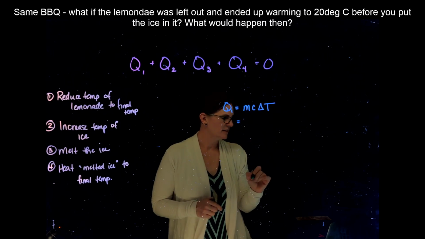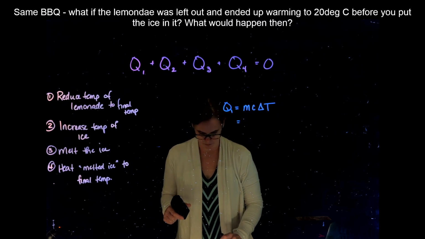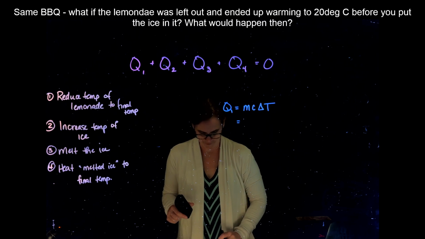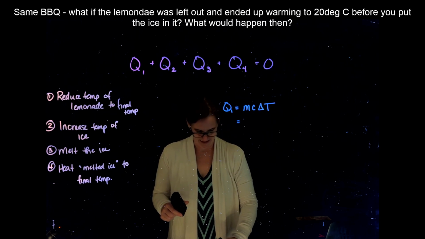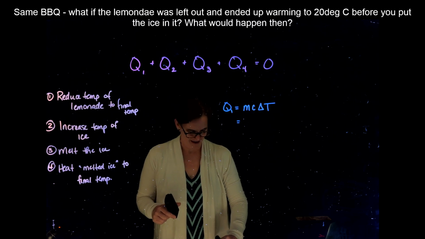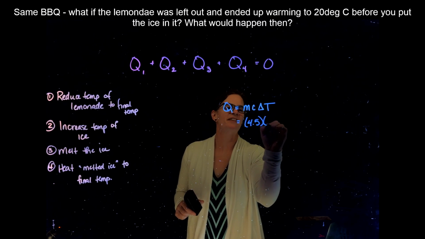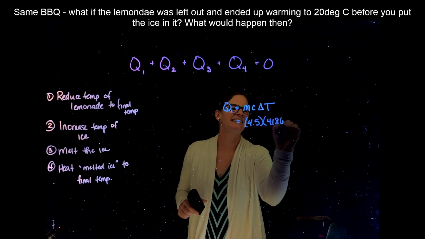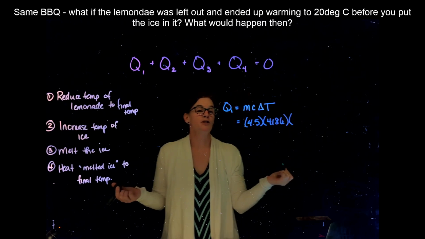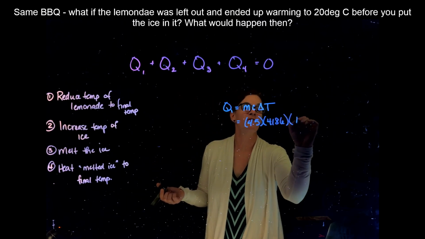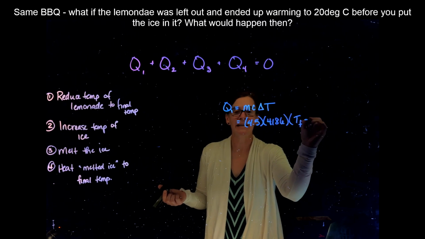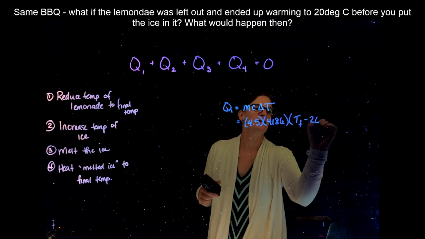The mass of the lemonade was, what was the mass of the lemonade? 4.5 kilograms. The specific heat, 4186. And our change in temperature, well, it's whatever our final temperature is minus what we start at, which is 20 degrees.